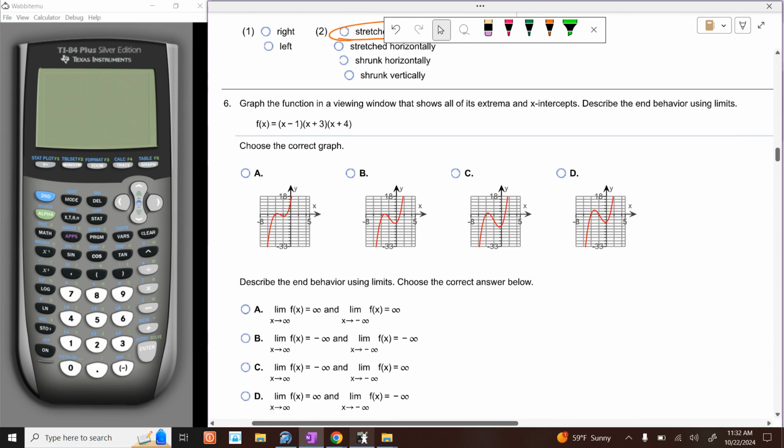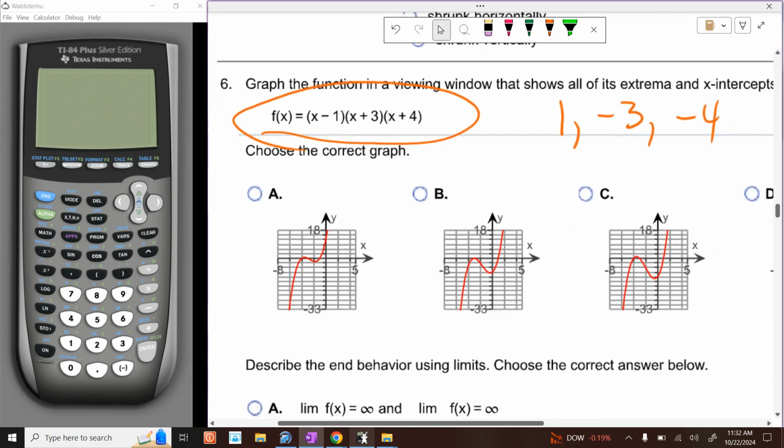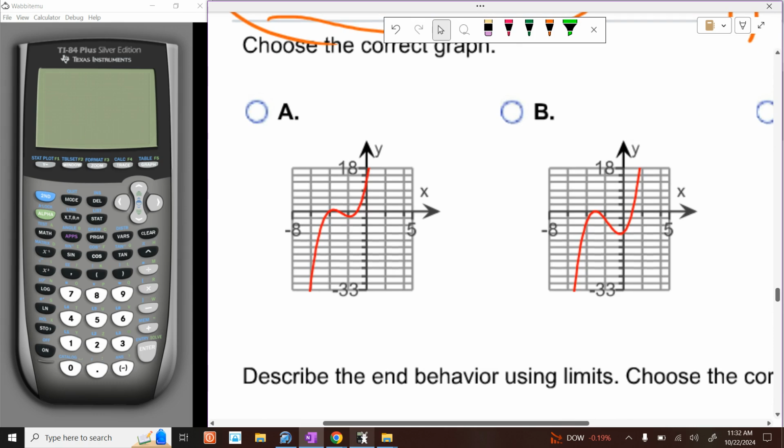Now, the easiest way to do a problem like this is figure out where all the x-intercepts are. Where are the x-intercepts? 1, negative 3, negative 4. Will it bounce at any of them? No, it's not going to bounce. It will cross at each one of those. So you're going to cross at 1, negative 3, and negative 4. It's not this one, because that's cross at 1.